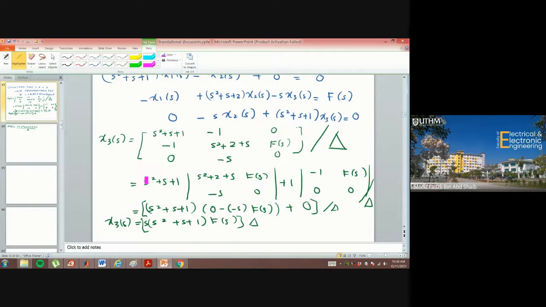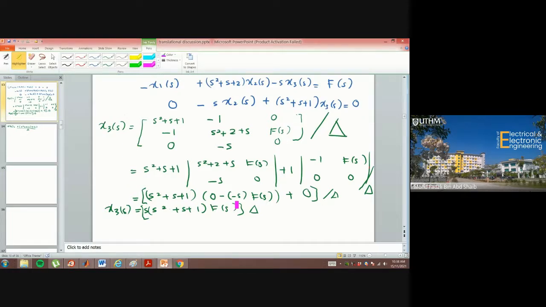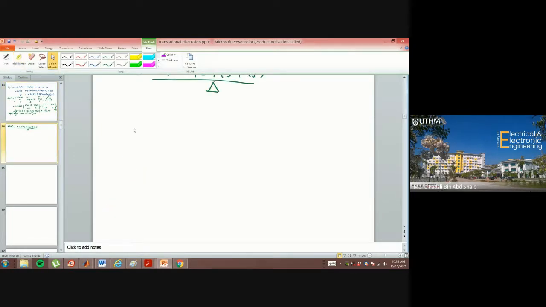How? We copy this one, we copy the one below, s squared plus 2s plus s minus s. F(s) is 0. Minus 1 becomes plus 1. This one, we copy this and this: minus 1, 0, F(s), 0. So that is how we get this one.